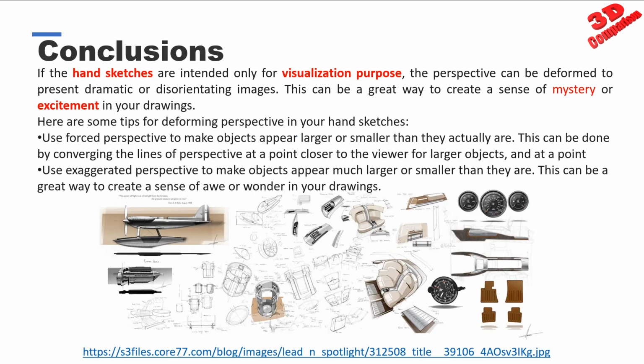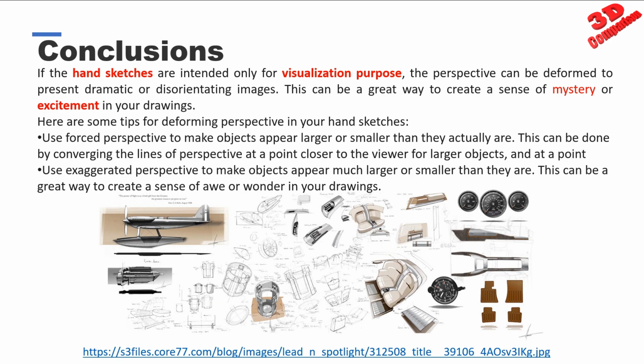If the sketches are not intended to be used for computer design, such as the molded chair that we discussed previously, so if it's only intended for visualization purposes, then the perspective can be deformed to present, I don't know, a sense of mystery, excitement within those drawings.